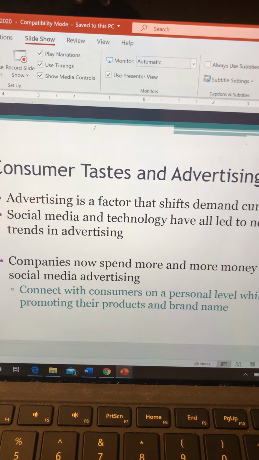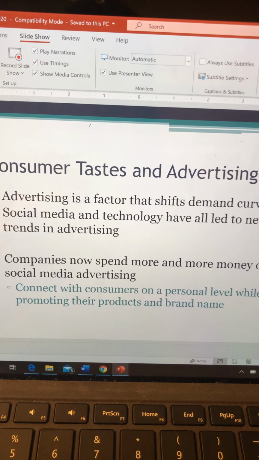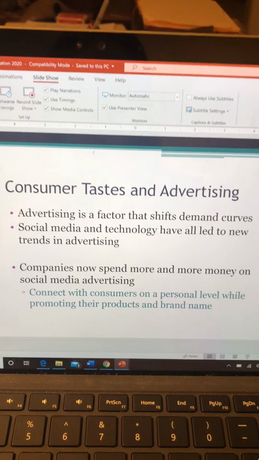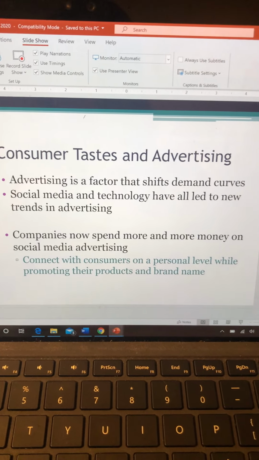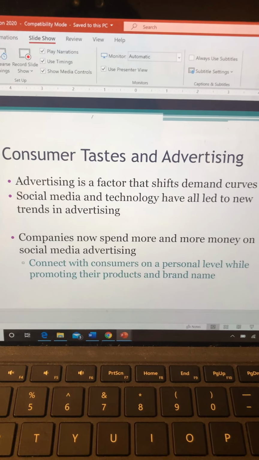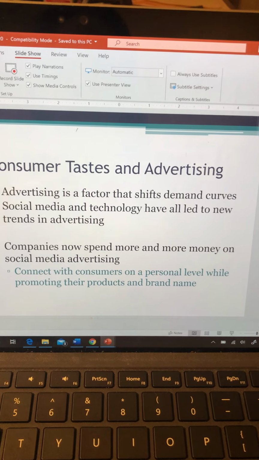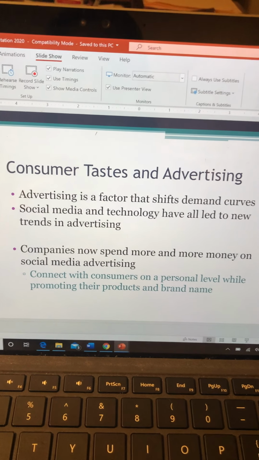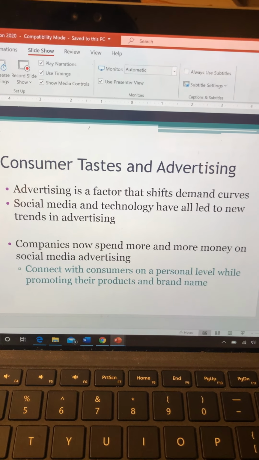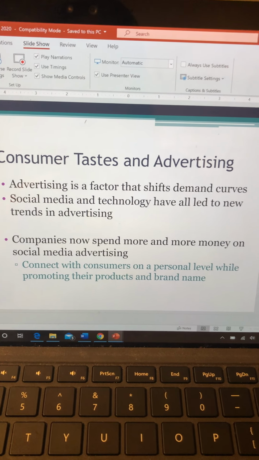And I think we should all be realizing that is absolutely happening on your phones, on your Facebook feeds, on your Instagram feed, etc.